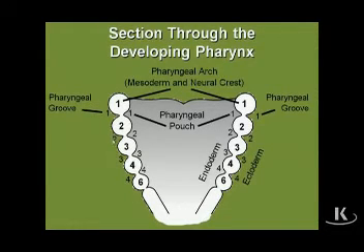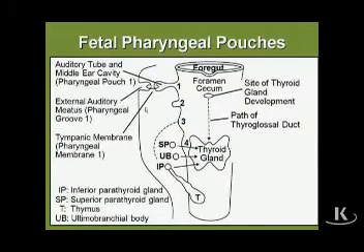So this arch comes back, covers all of this over, and by covering it over, it ends up filling in those grooves. So we typically do not have any adult remnants of the second, third, and fourth grooves because the second arch has grown back and covered it over. And that's what we're seeing here. That's why we have this nice, smooth outer surface, which was the back growth of the second arch.